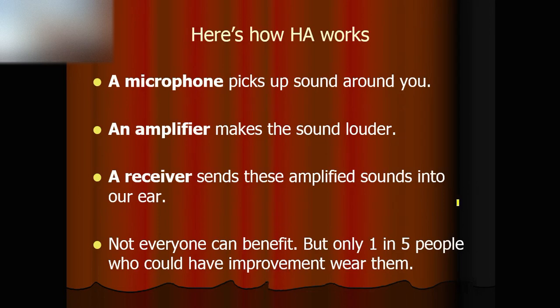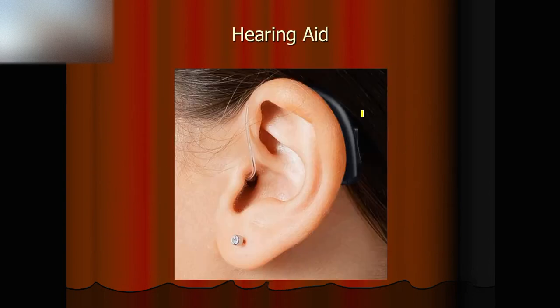So we can see in general, there are 3 parts in a hearing aid. A microphone. The microphone typically is located here, and sometimes there are 2 microphones located on a hearing aid.